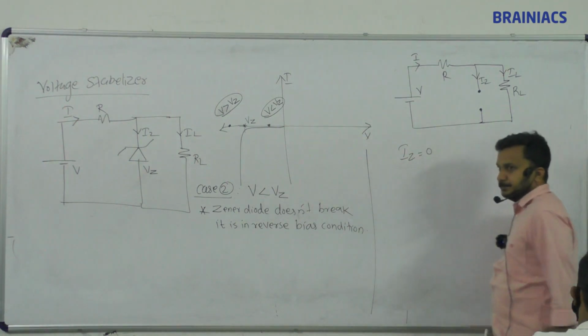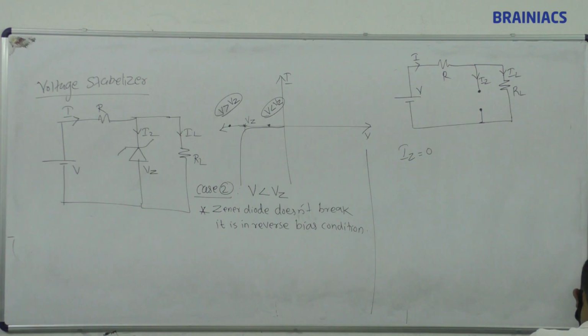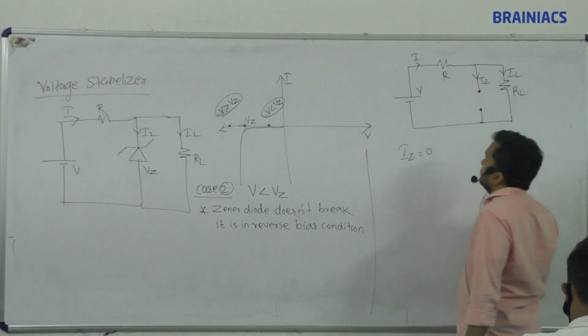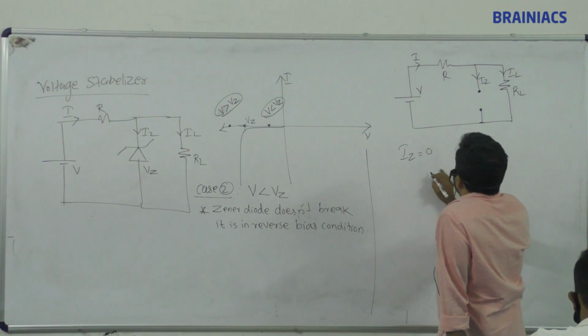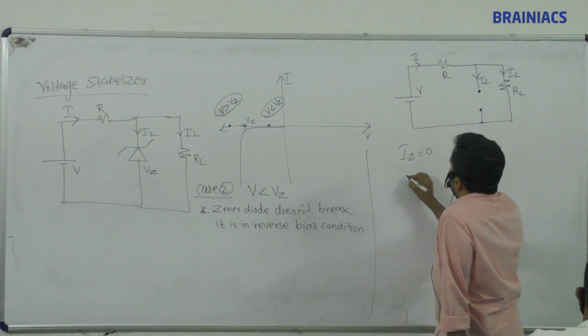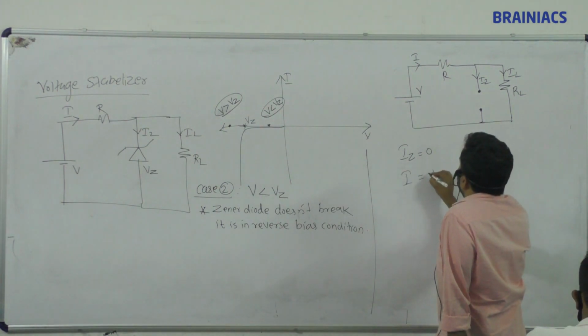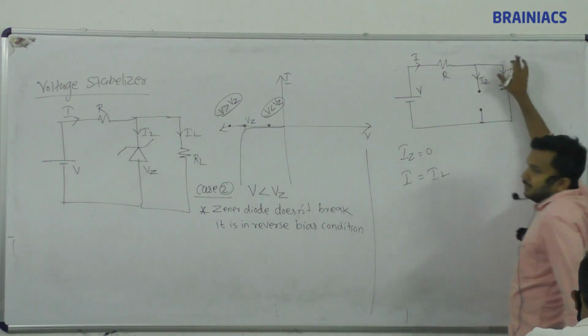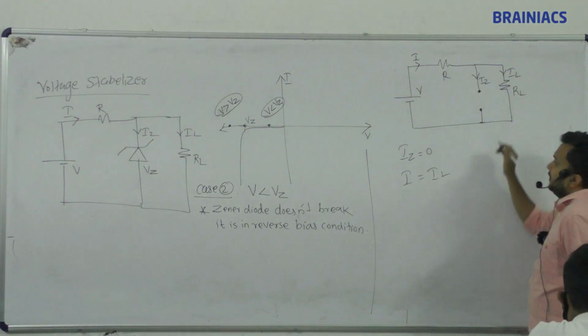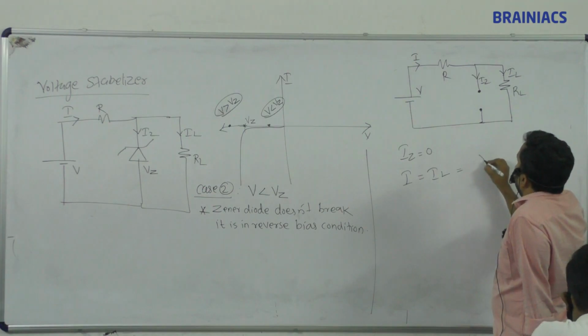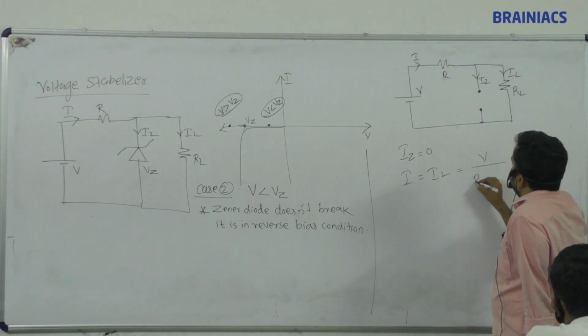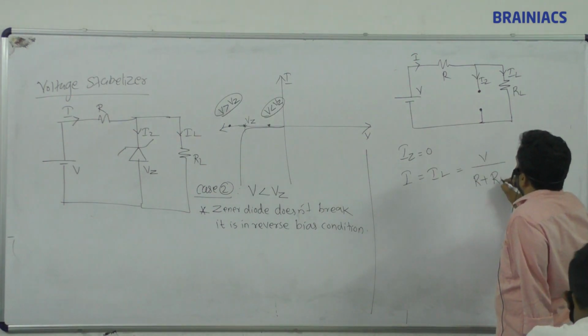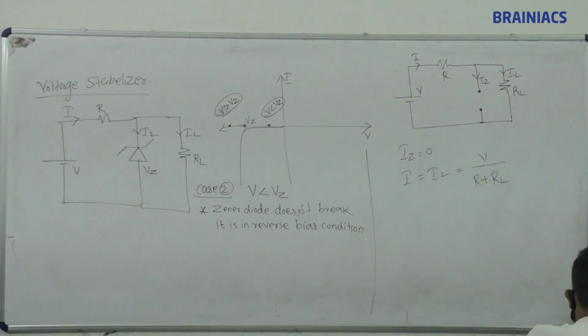Zero. The diode acts as reverse biased, so it conducts no current. Iz equals 0. What is I? I is equal to IL. What is the value? Voltage divided by total resistance, R plus RL.